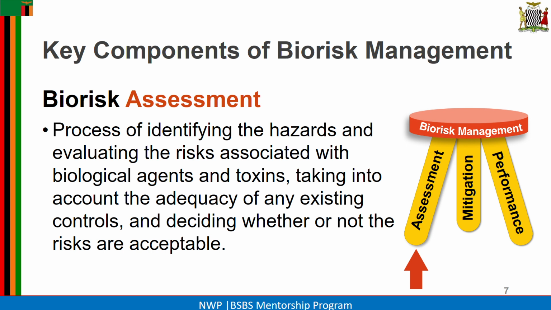Then you say, okay, what is this risk telling us? Is this risk something that we can accept or not? If it's something that you can accept, of course, you need to do something about it. And if it's something that you cannot accept, you also do something about that. So there are two courses of action that you need to take at this point.